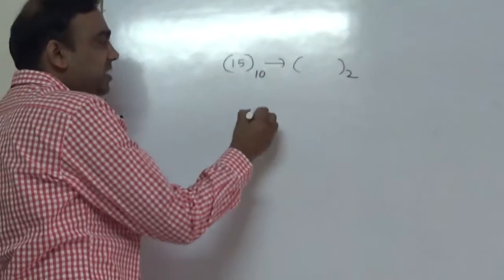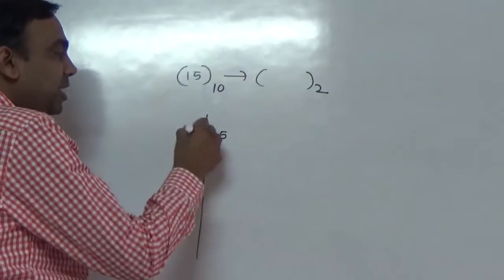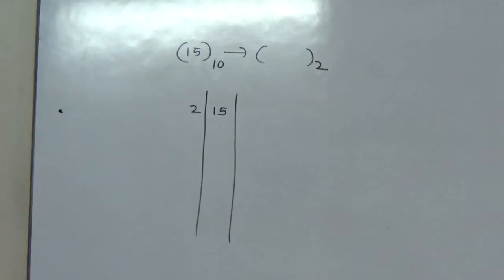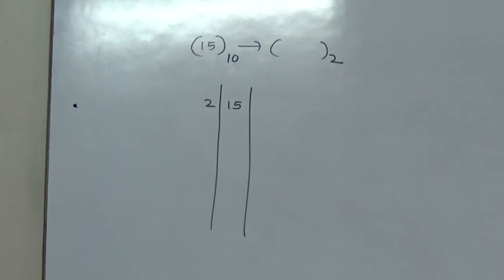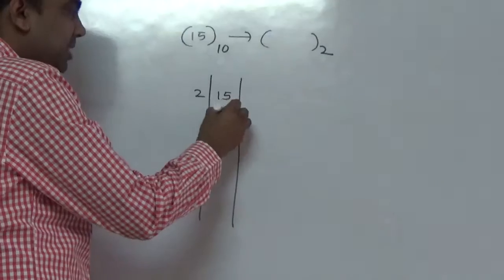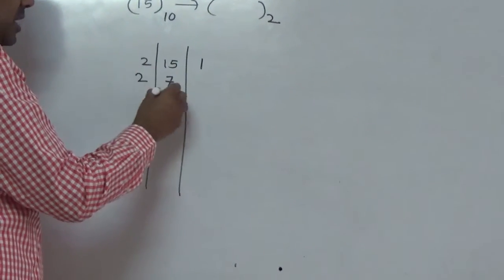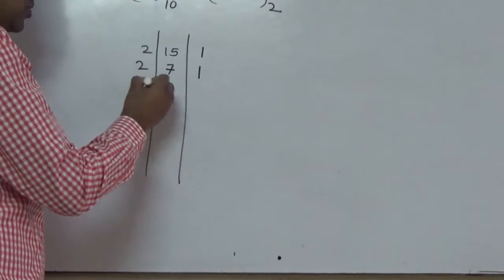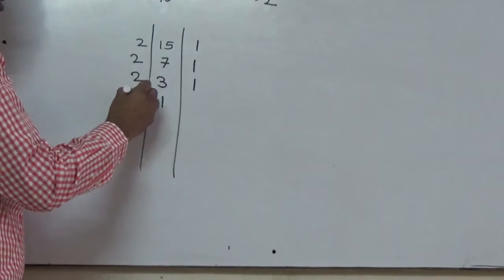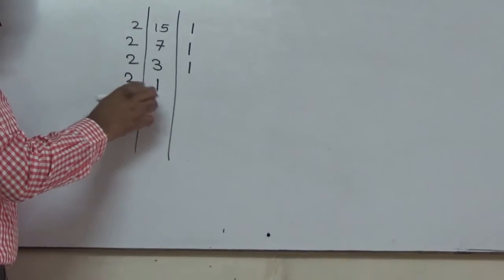So the process is very simple. We just have to divide by 2. So we go on dividing 15 by 2. 2 sevens are 14, then remainder is 1. I will write remainders on this side. Then 2 3s are 6, what is the remainder? 1. Then 2 1s are 2, what is the remainder? 1. Then last, I will divide this 1 by 2.